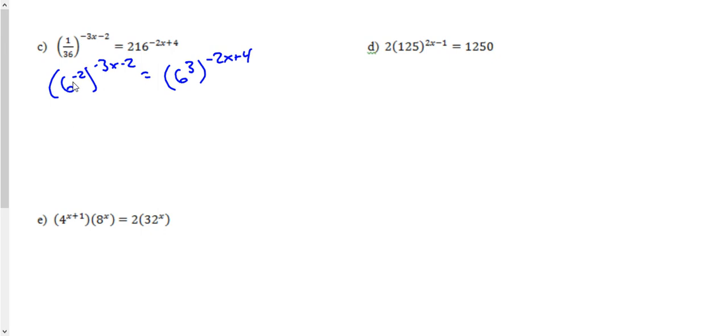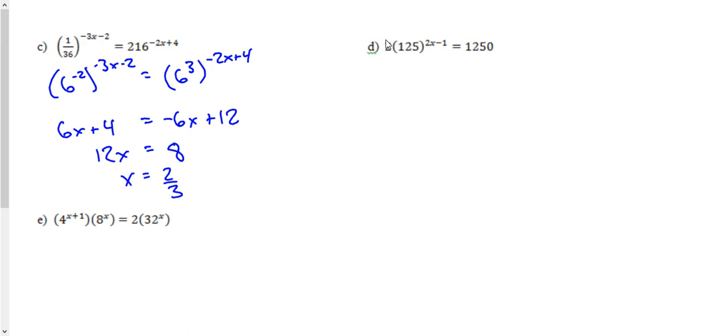Distributing out my exponents and dropping my bases at the same time, I end up with positive 6x plus 4 here on the left equals minus 6x plus 12 here on the right. Combining my variables, I'm going to move everything to the left, so that's 12x, and moving my numbers all to the right, that's just 8. So x is now equal to 8 over 12, which should be reduced down to 2 over 3.